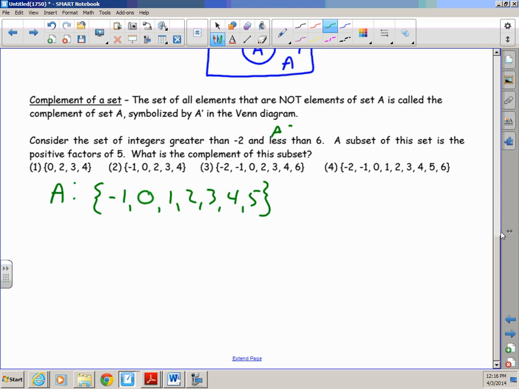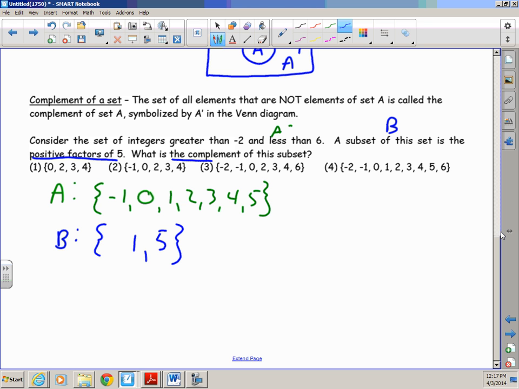Then a subset of this set is the positive factors of 5. So I'm going to call that set B. So my positive factors of 5 are 1 and 5. Okay, it said positive factors, and it can only be from set A.